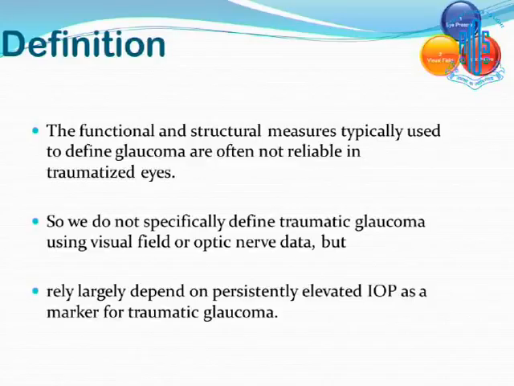So, we do not specifically define traumatic glaucoma using visual field and optic nerve head, but largely rely on persistently elevated IOP as a marker of traumatic glaucoma. And by this, many glaucomologists use the terminology traumatic ocular hypertension rather than traumatic glaucoma.